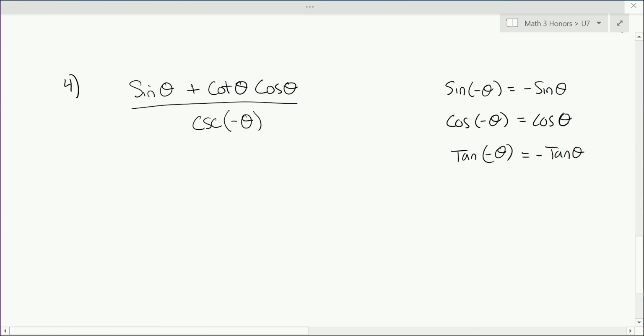And so although we're using cosecant, cosecant would go with which one? The sine, right? Because cosecant's 1 over sine. So cosecant's going to follow the same rule that sine does. And so you could just take that negative or replace it with a positive theta and put a negative in front.